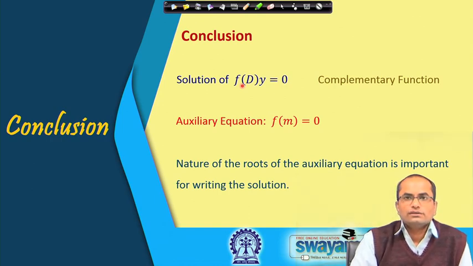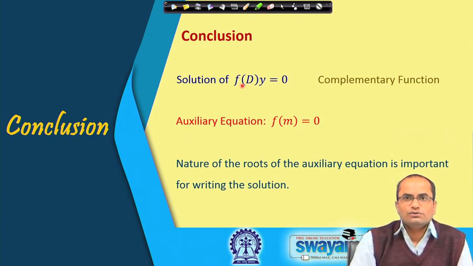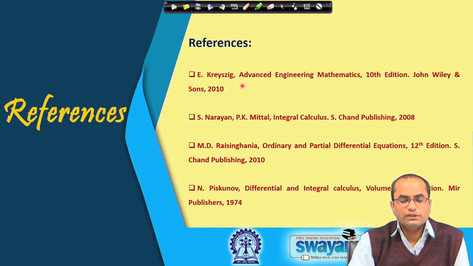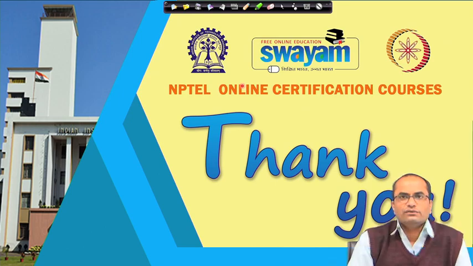In the next lecture we will learn how to find a particular solution of the given non-homogeneous differential equation, and when we add the two we will basically get the general solution of the given non-homogeneous differential equation. Here are the references used for preparing the lectures, and thank you for your attention.